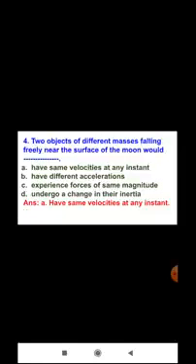Next question. Two objects of different masses falling freely near the surface of the moon would be what? Will they have same velocities at any instant? Will they have different acceleration? Will they experience forces of same magnitude, or will they undergo a change in their inertia? When two objects of different masses are falling freely near the surface of the moon, they would have same velocities at any instant, because on the moon it is totally different.